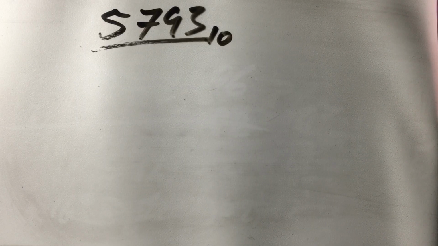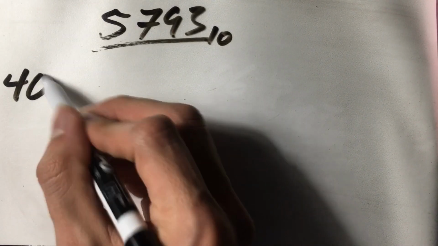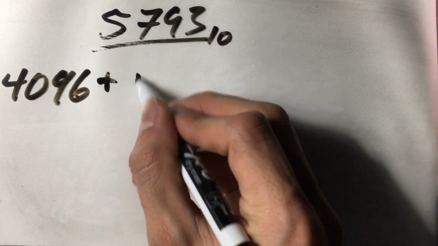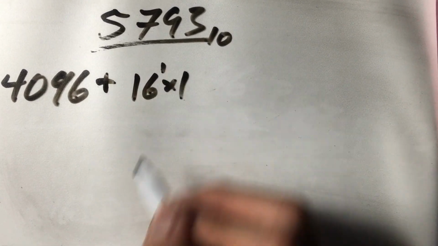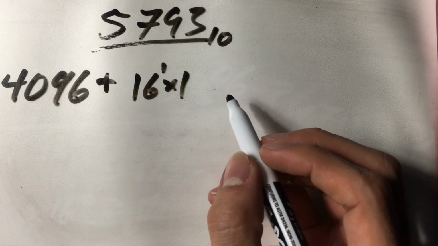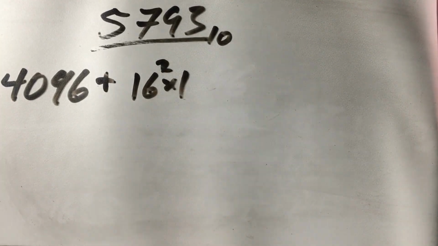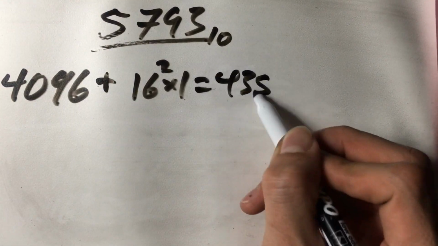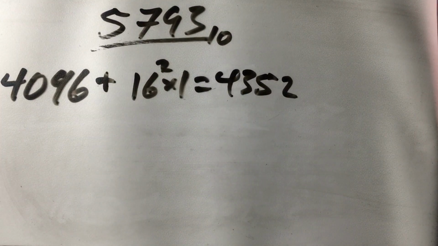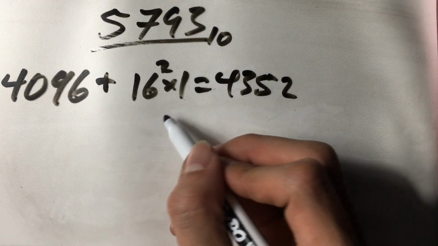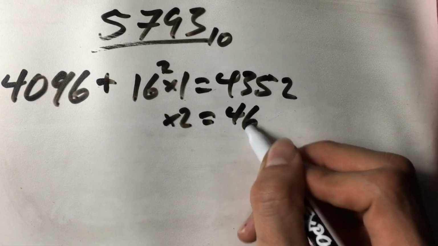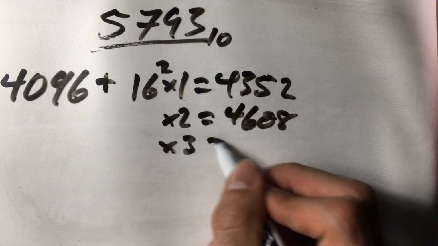So now with that as our base, we're gonna be adding a bunch of numbers to it. So 16 times 1 equals 4352, and we're gonna be constantly doing it again until we get a number that surpasses our other number.